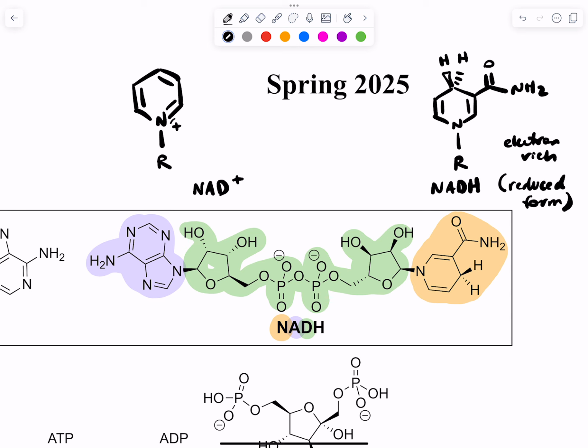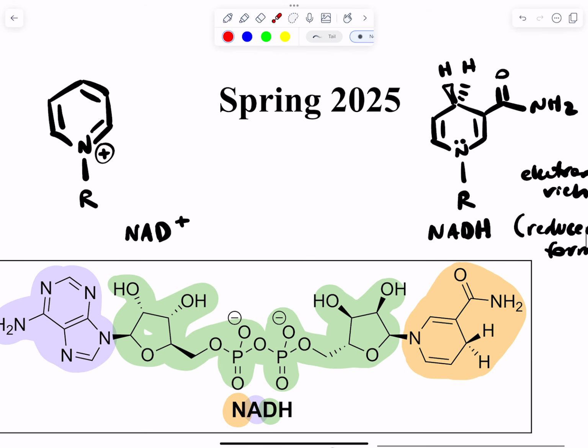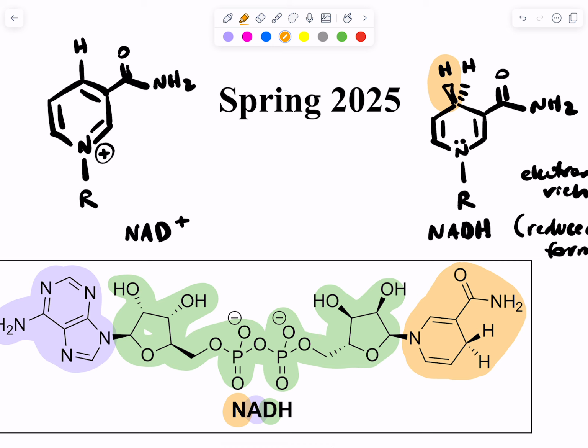In NAD+, the nitrogen, which used to have a lone pair on it, is now involved in a pi bond with the adjacent carbon, and therefore has a positive formal charge on it. In NAD+, we've lost a hydride, or an equivalent of H-. I'll highlight that here. This hydrogen and its 2 electrons are not present in NAD+.